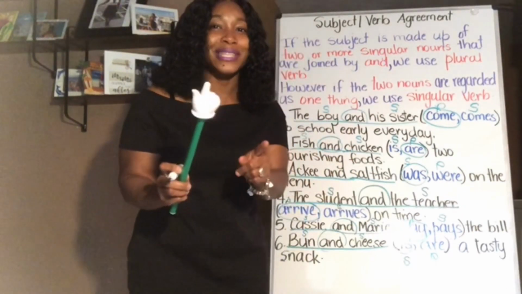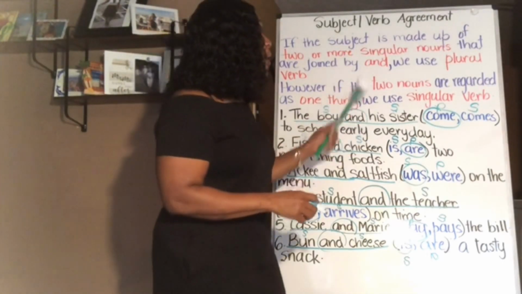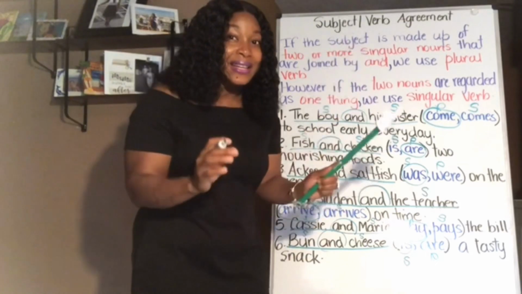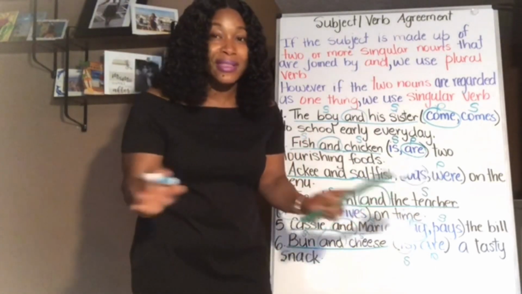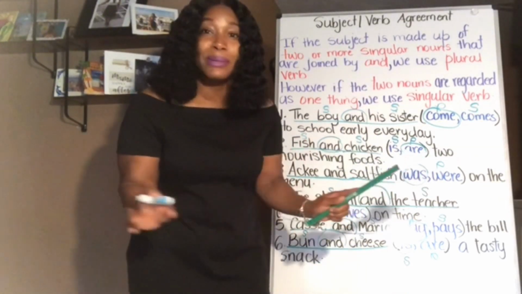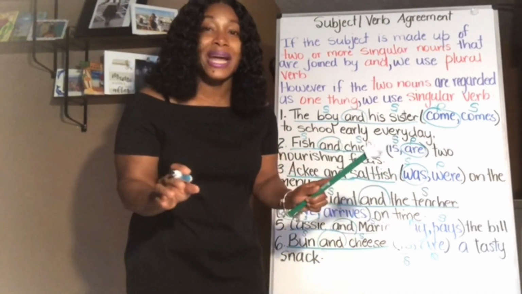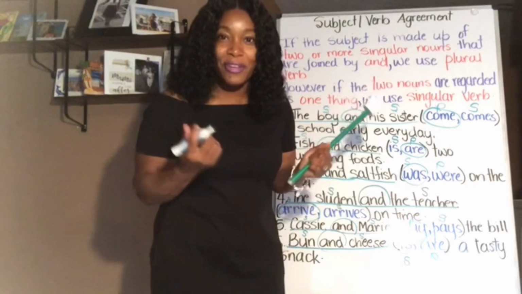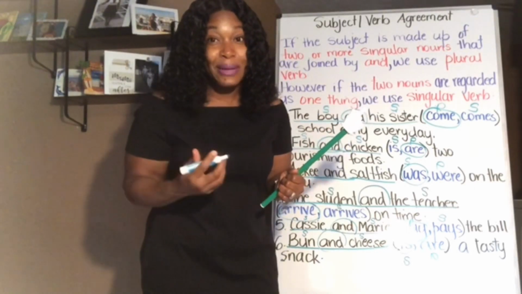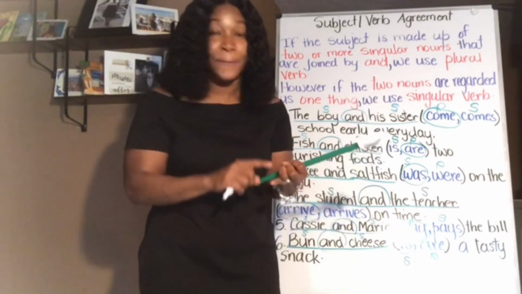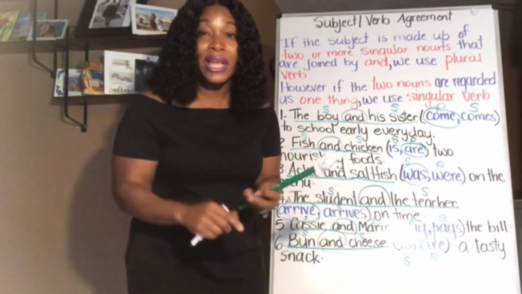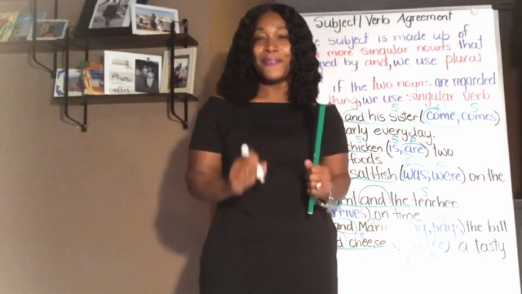Remember, boys and girls, if you have two singular nouns that are joined with and they're regarded as two separate things, two separate persons, two separate places, two separate animals, then you're choosing the plural form of the verb. However, if those items can be regarded as one, like bun and cheese, ackee and saltfish, roti and curry, the singular form of the verb.